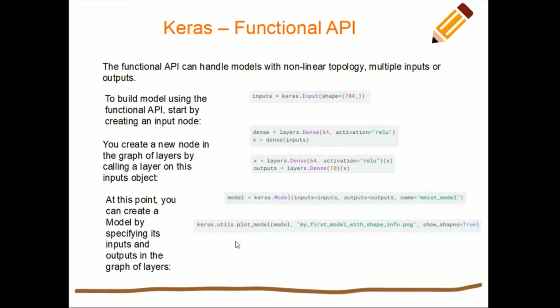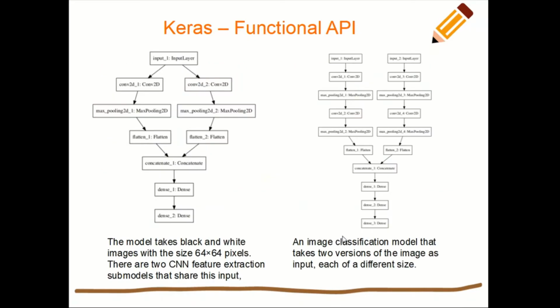Not only that, we can also plot a particular model. That means we can see that model visually. As seen in this slide, here are a few examples of the kinds of models that we can create with the functional API.